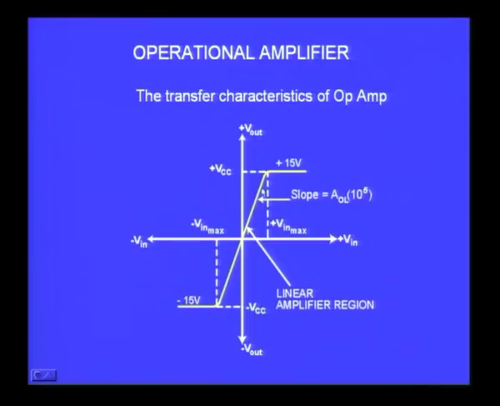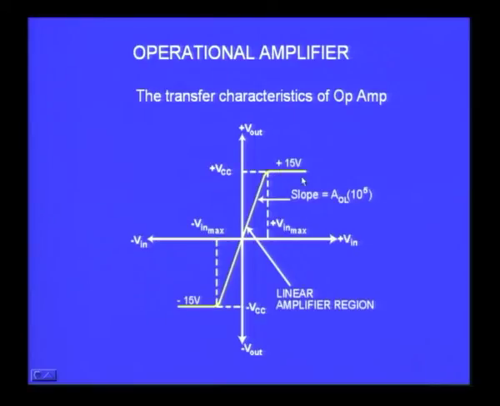Because you have the open loop gain, this is without feedback, the open loop gain here is 10 to the power of 5. If I multiply whatever voltage you give by 10 to the power of 5, and it comes larger than the power supply voltage with which you have energized your circuit, then the output will saturate at plus 15 volts, because no amplifier can amplify more than the power supply voltage that you have supplied. Here the power supply voltage is plus 15 and minus 15.